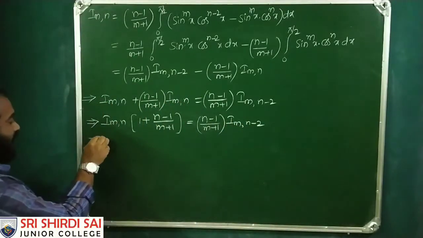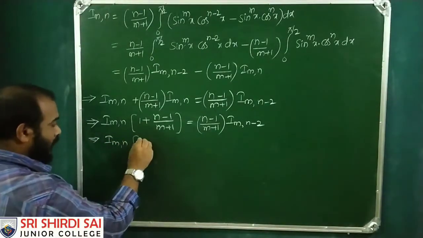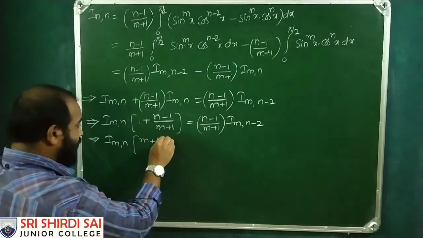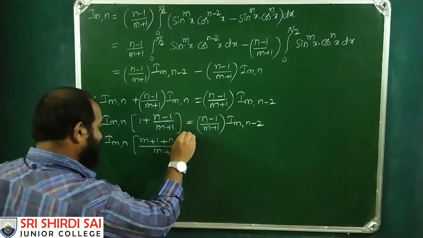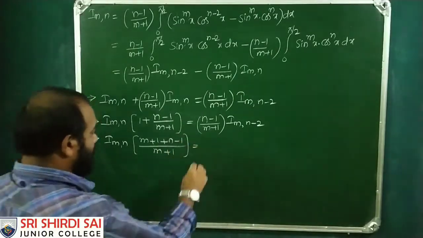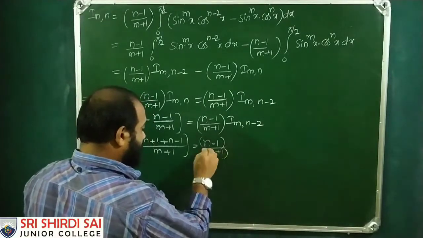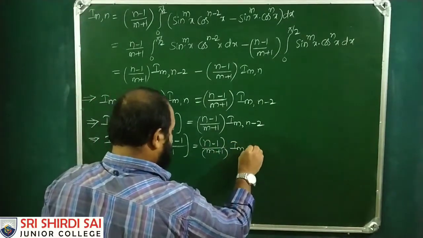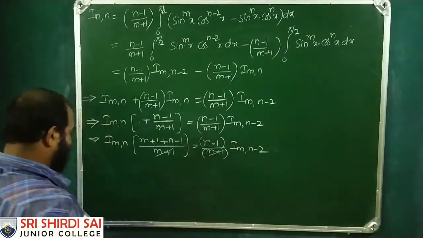So this implies I(m,n), taking the LCM, [(m+1+n-1)/(m+1)] = (n-1)/(m+1) I(m,n-2). This m+1 gets cancelled.